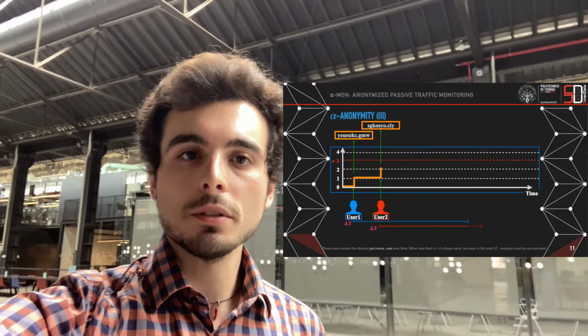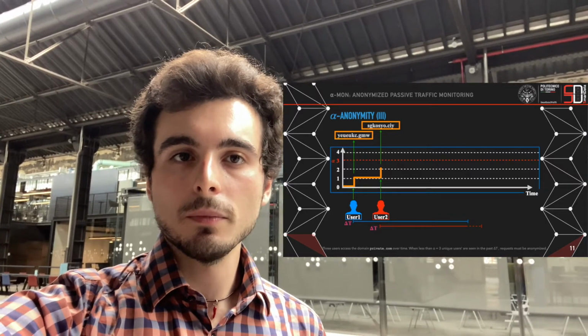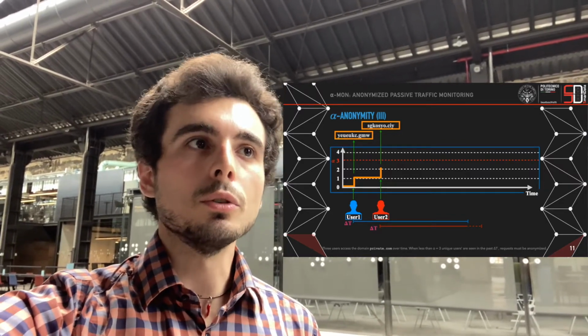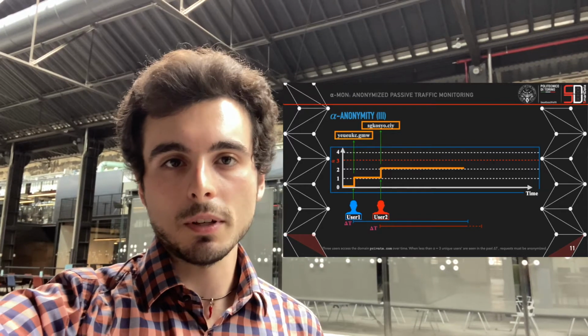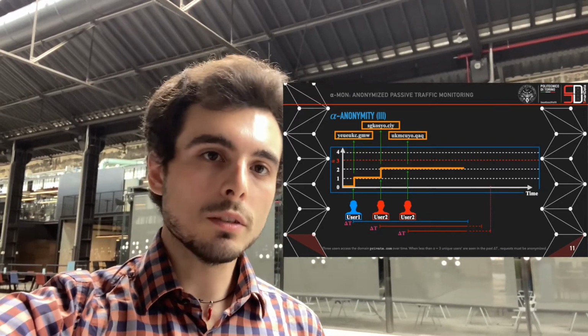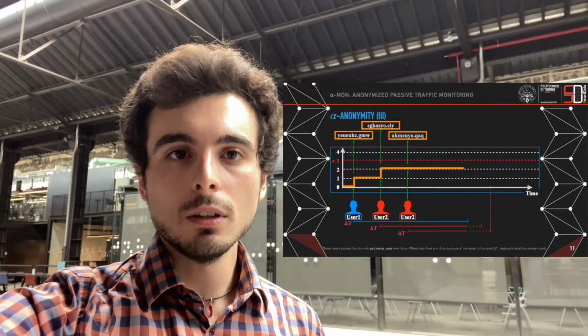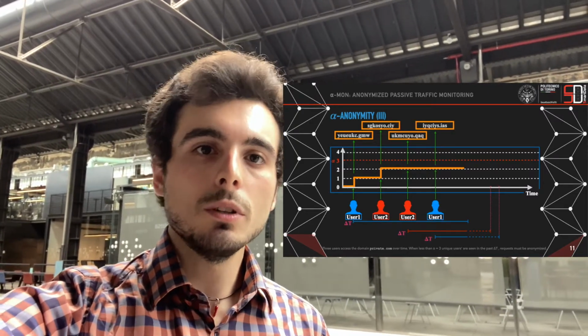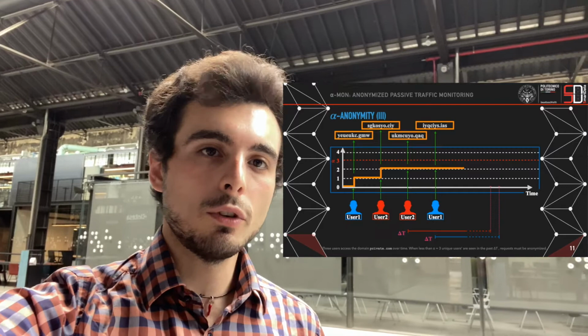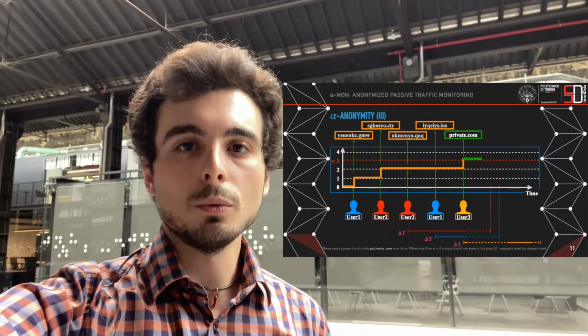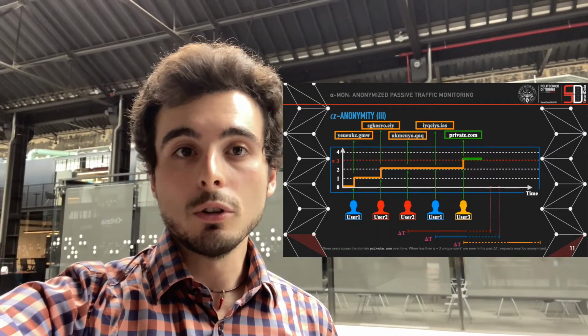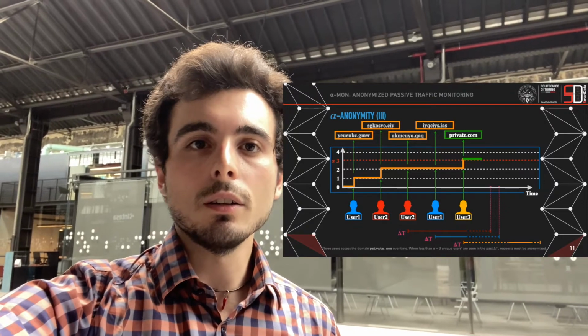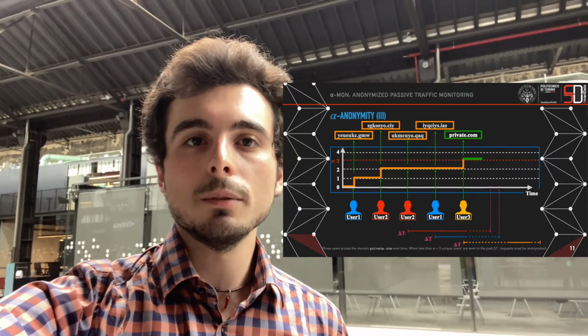The same thing happens if user 2 arrives, and if user 2 and user 1 come again, obviously we are still under threshold, since we have always the same users. But when user 3 arrives, he is the third different user, and so we can consider private.com as a common website, and information in this case can leak.